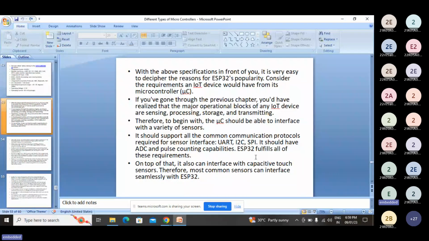It should support all the common communication protocols required for sensor interface, like I2C and SPI. It should have ADC and pulse counting capabilities. ESP32 fulfills all of these requirements. On top of that, it can also interface with capacitive touch sensors. Therefore, most common sensors can interface seamlessly with ESP32.